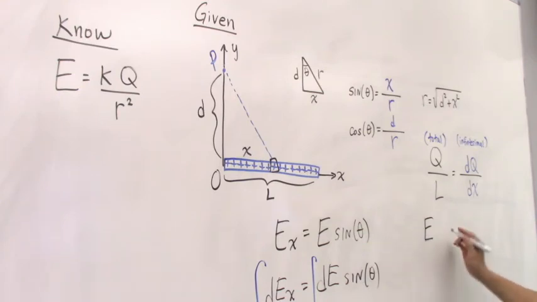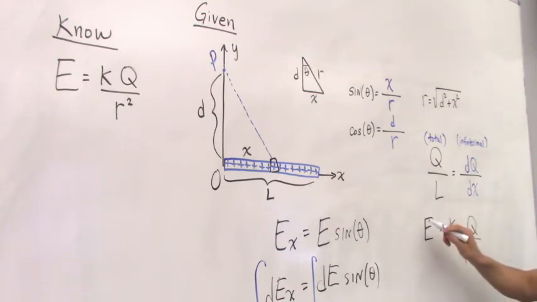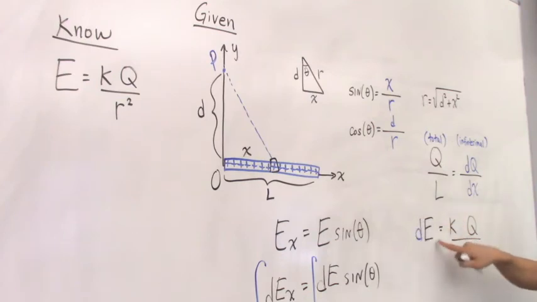E equals K, and I'm going to leave some room there, over r squared. You see what I'm alluding to. Well, then dE is K dq over r squared.